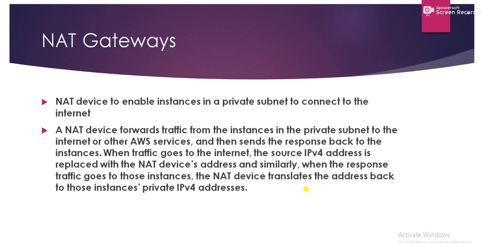That means nobody from the internet can access the instance, but the instance can reach the internet. So that is the use of NAT gateway. For instances running in the private subnet that need internet access, we attach the NAT gateway, and through it they will be able to reach the internet.